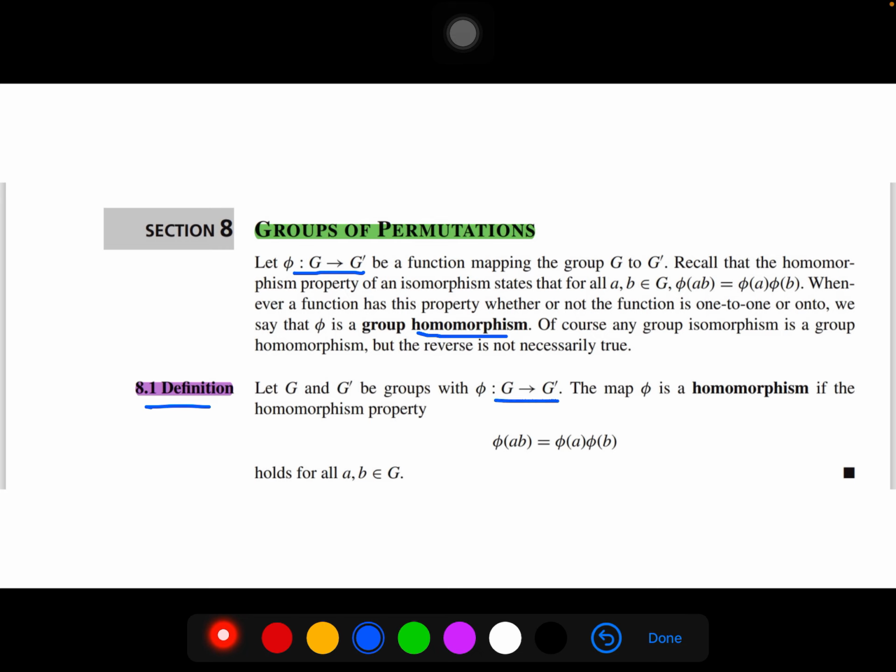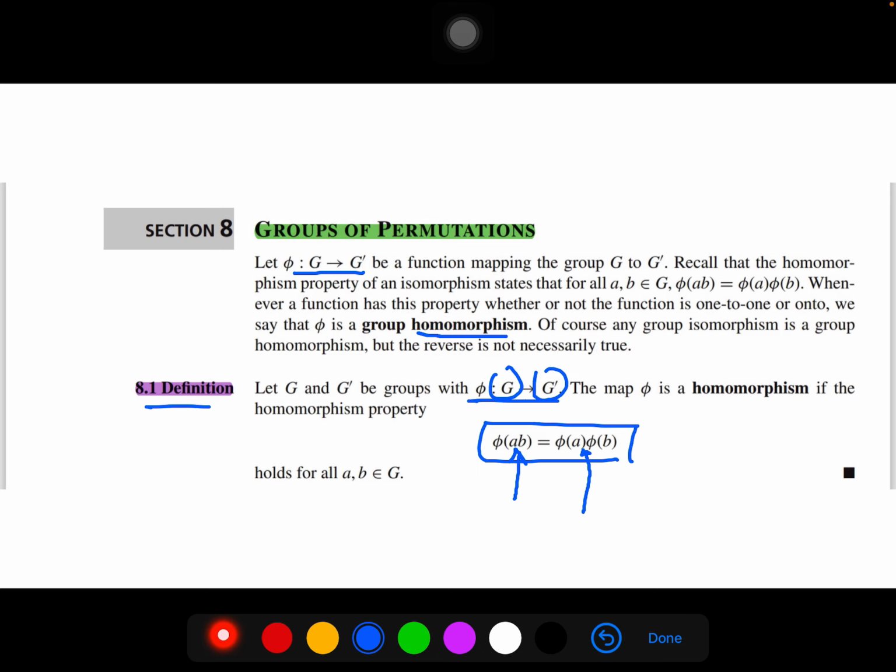So we need a mapping from group G to G prime, and the map is a homomorphism if it satisfies the usual homomorphism property. Recall we have a domain and a codomain of the mapping, and pay attention that the operation on the left side, in the parenthesis, is the operation on the domain, and the operation on the right side of this equation is the operation in the codomain G prime.